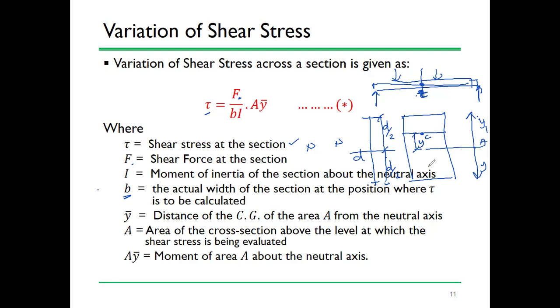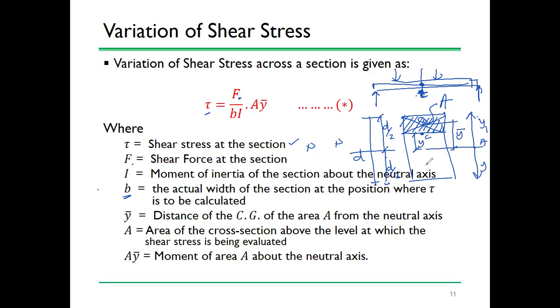So all the area above my Y, to the extreme point of the member, is the area I am looking for. This is your capital A. So you have to establish the center of gravity. This is a rectangle, so the center of gravity is somewhere here. So this is CG, and from here to the neutral axis is now my y bar.